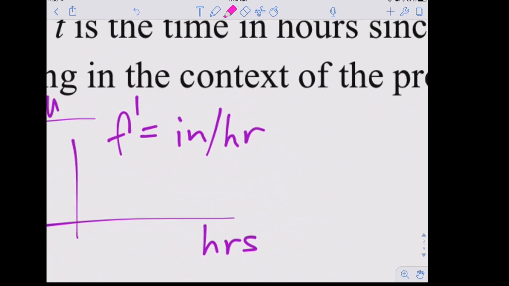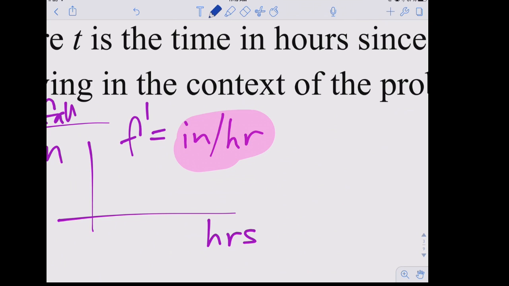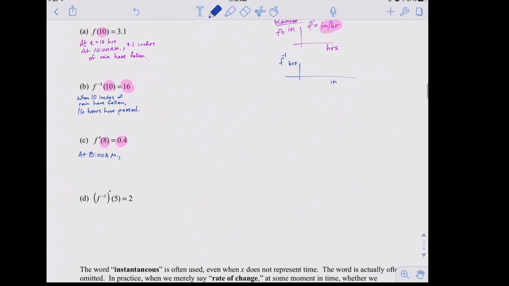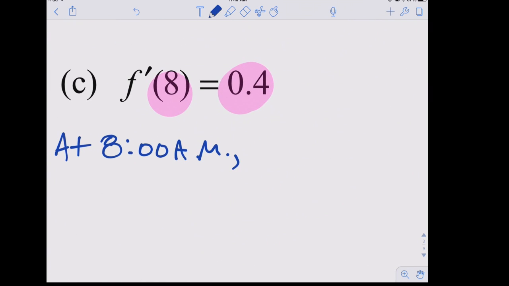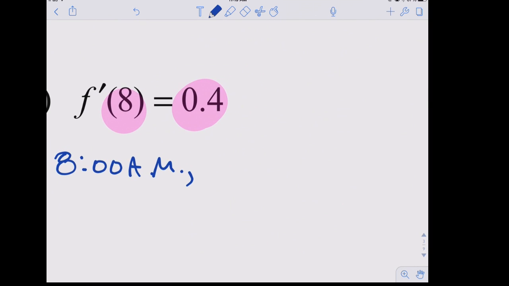It's F prime, so it should be inches per hour. That tells us the rate of change of the rainfall. How would you word that? Rain is falling at? That'd be good. The rate of rainfall is, yeah, either one of those.